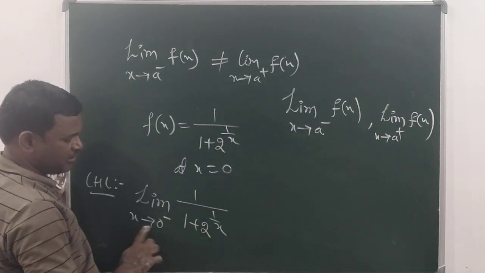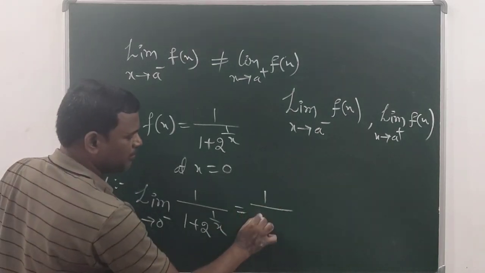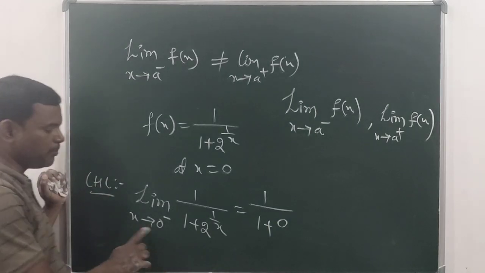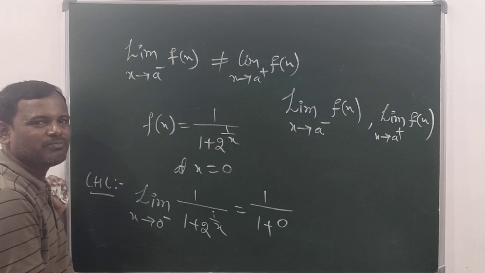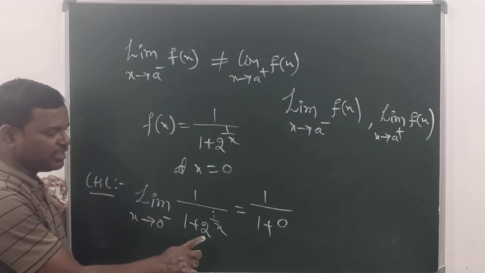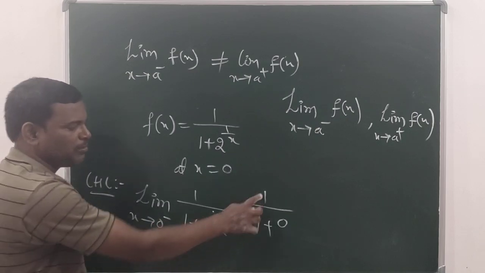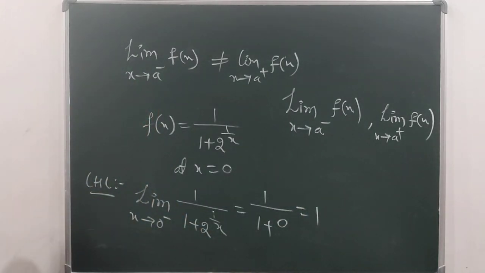Now when x approaches 0 minus, 2 power 1 by x approaches 0. In the limits chapter you read that when x approaches 0 minus, 2 power 1 by x approaches 0. So it is 1 by 1, which is equal to 1. This is the left hand limit at 0.